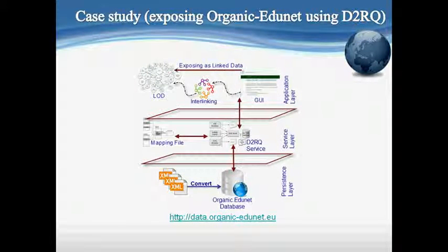In the D2RQ service, we set up a mapping file and specified which elements or data we wanted to expose, and D2RQ exposed this information as triples and set up a SPARQL endpoint on top of that. We used some interlinking approach to link the final RDF data to some data sets in the LOD cloud.